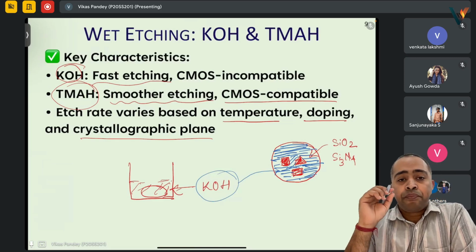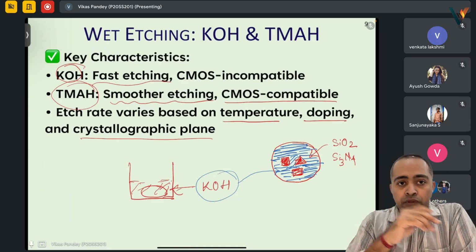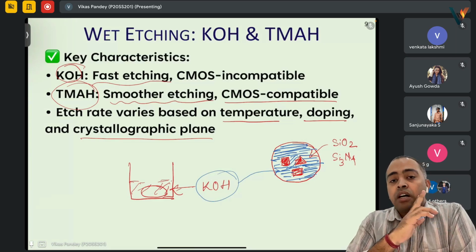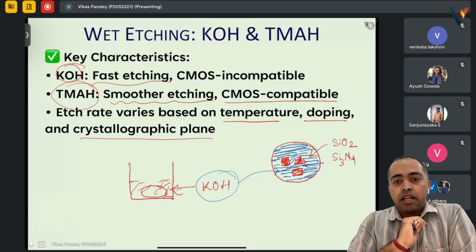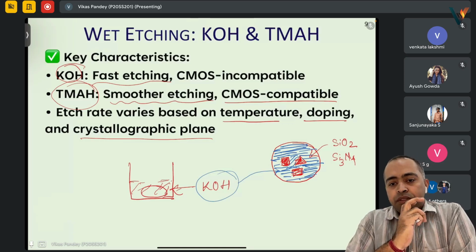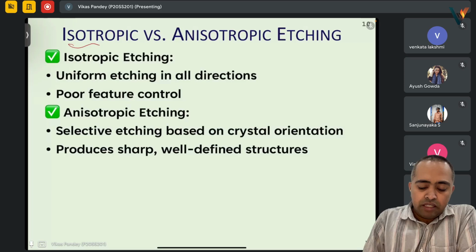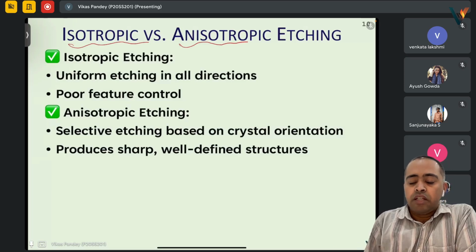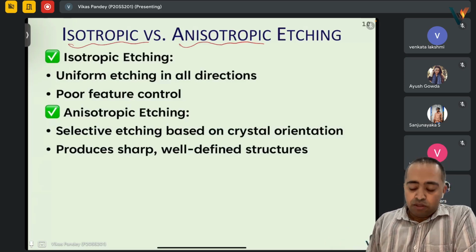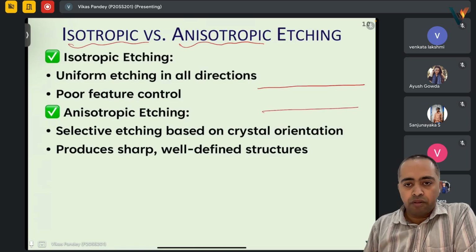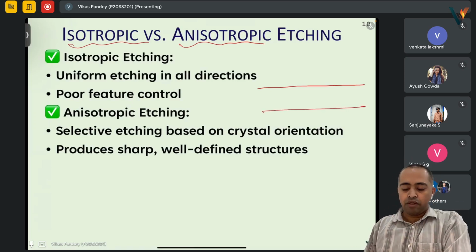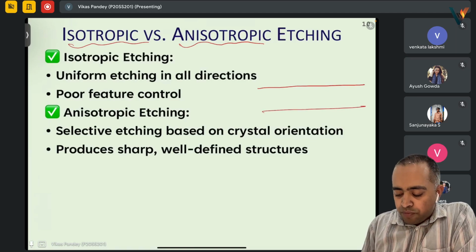When we are doing the etching, there are two ways these chemicals can affect our wafer. Either it can be isotropic, or it can be anisotropic. Ideally, suppose we have this wafer, taking the side view of it. We want to make a structure like this.